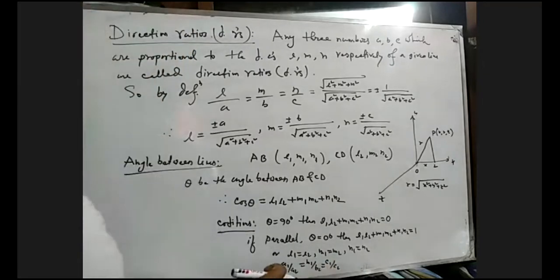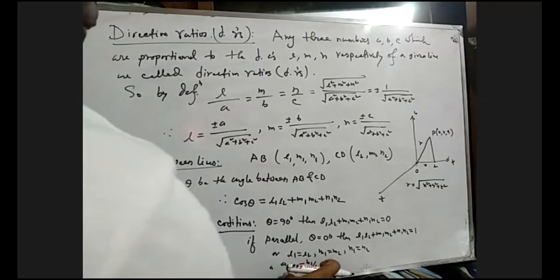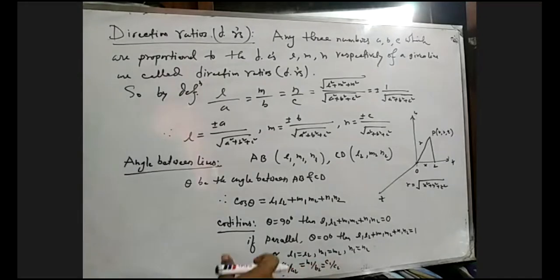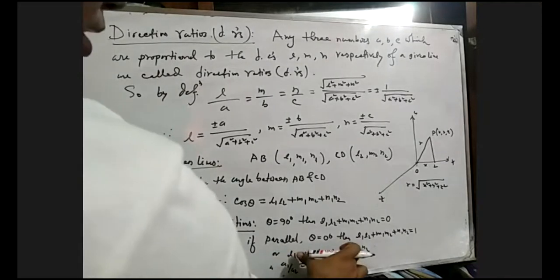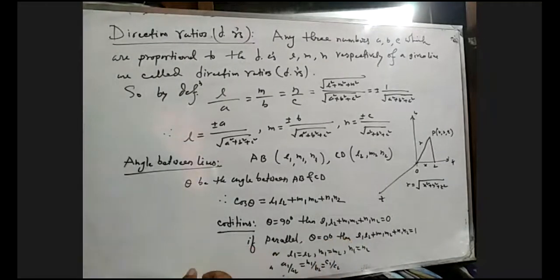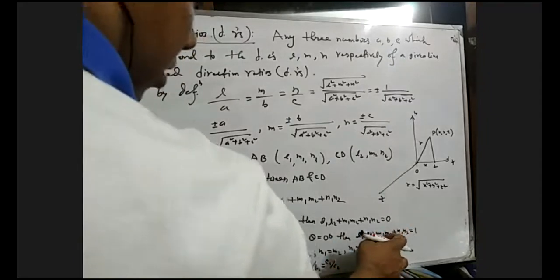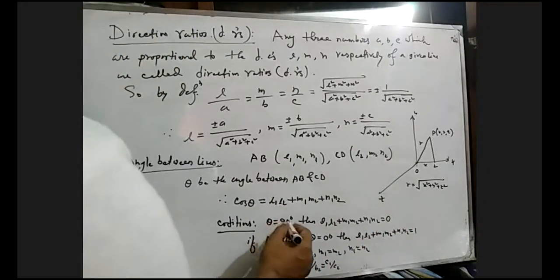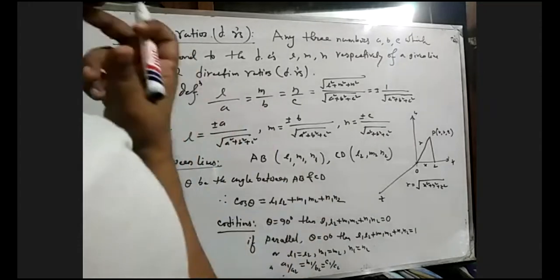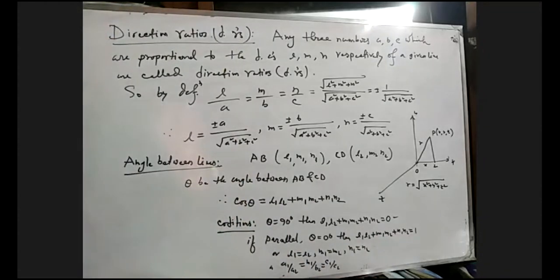If the direction ratio is given, this is the parallelism condition, and if direction cosine is given, this is the parallelism condition. But for perpendicular, that means theta equals 90 degrees between line AB and CD, then this condition. So these are the actual formulas for solving rectangular coordinates problems.